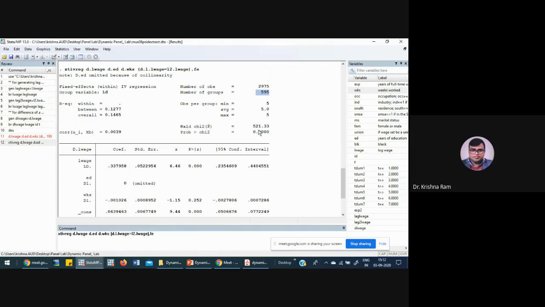This is the Wald chi-square, having the usual interpretation. This is the correlation of the error term and the independent variable, here 0.003, which shows almost no correlation between the error term and the explanatory variable.